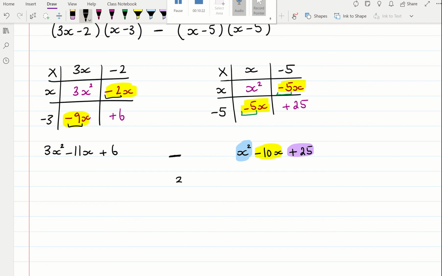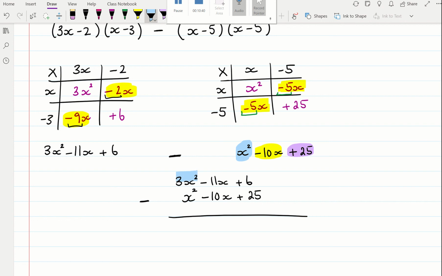So let's do this. We've got 3x squared minus 11x plus 6. I've got the minus sign, very important to put in. And then I've got x squared minus 10x plus 25. I'm subtracting everything. 3x squared take away 1x squared is 2x squared.